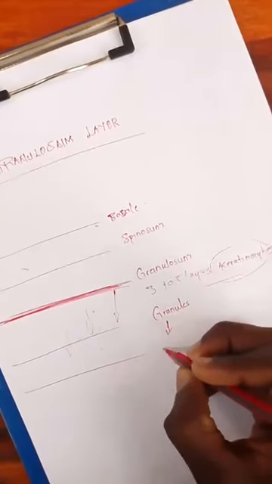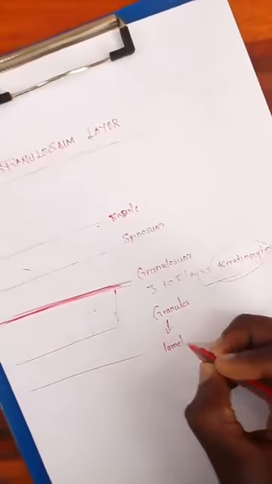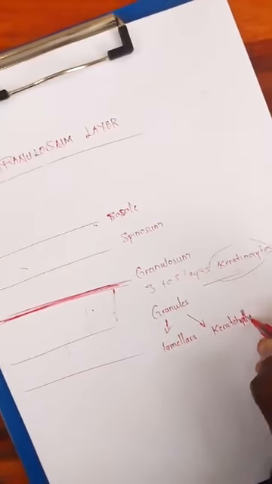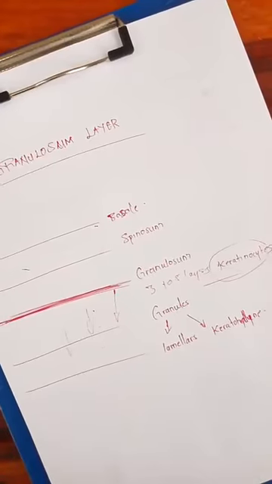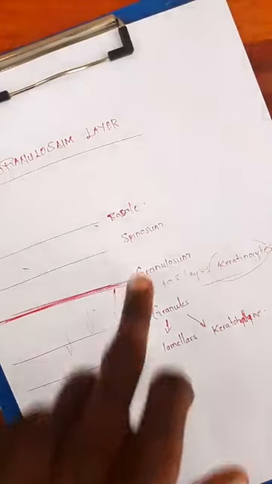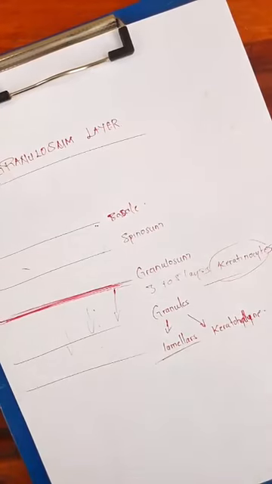So we have the lamellar granules and keratohyalin. These granules are found amongst the same 3 to 5 layers of keratinocytes that are found in the granulosum here.